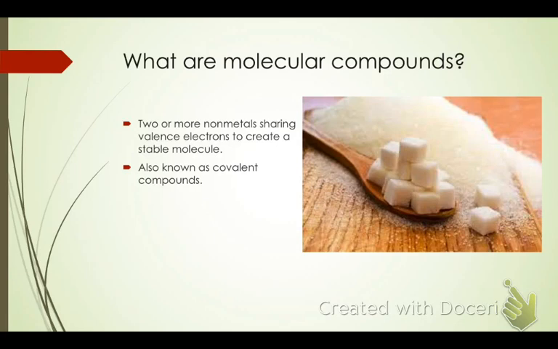The other name you'll hear molecular compounds called is covalent compounds in this class. And the last thing to remember is that molecular compounds, when you dissolve them in water, don't dissociate or break apart into the ions that make them up like an ionic compound does, because this is a sharing of electrons. So they do not conduct electricity.